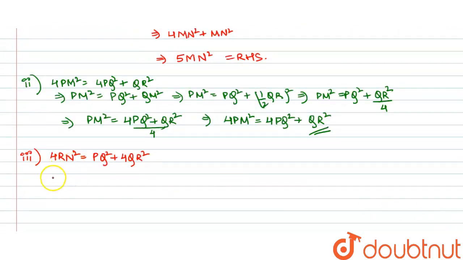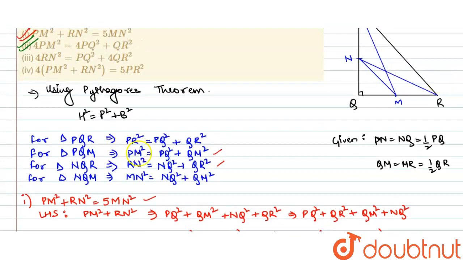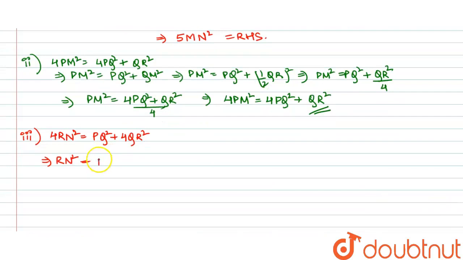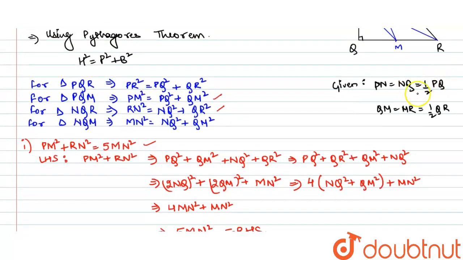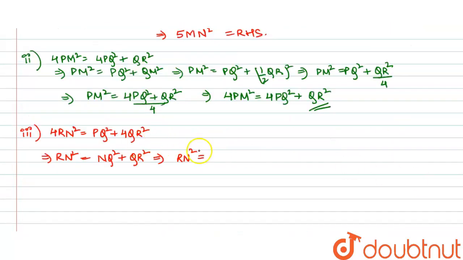Now similarly I will take the equation for RN square. RN square is given by NQ square plus QR square. Now NQ from here you can see is half of PQ. So NQ is half of PQ whole square plus QR square.